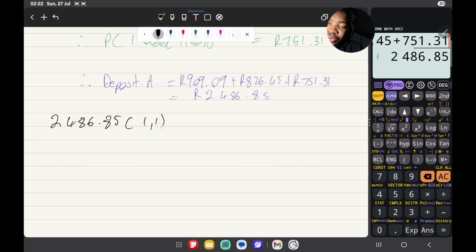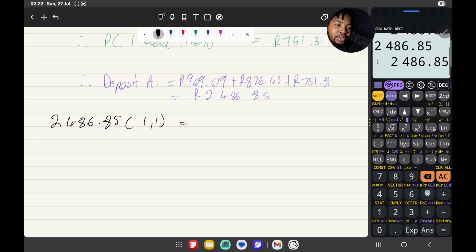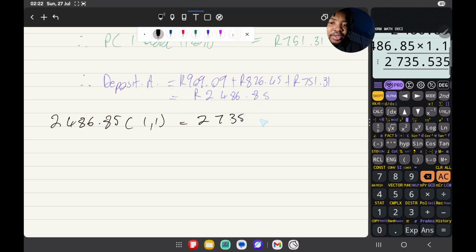The money I will have at the end of the period is 2,486.85 times 1.1. I'm gonna have 2,735 rand and 54 cents.